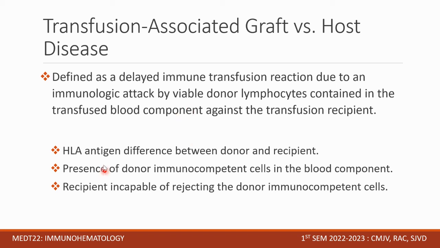So this graft versus host disease can be caused by HLA antigen difference between donor and recipient, or kaya presence of donor immunocompetent cells in the blood component, and then yung recipient is incapable of rejecting the donor immunocompetent cells.